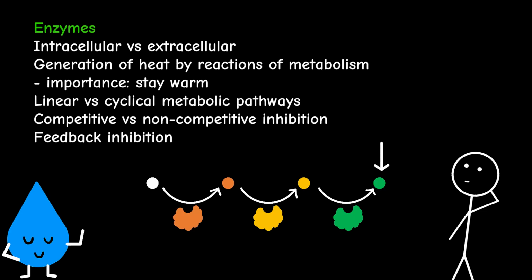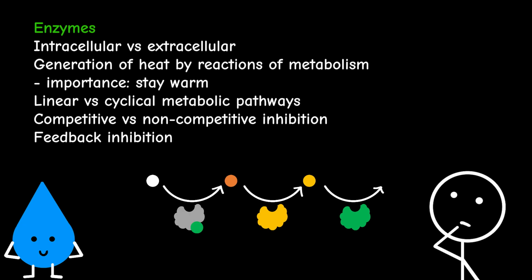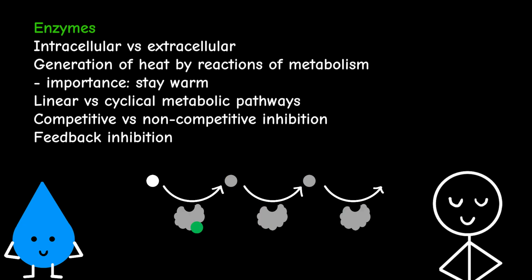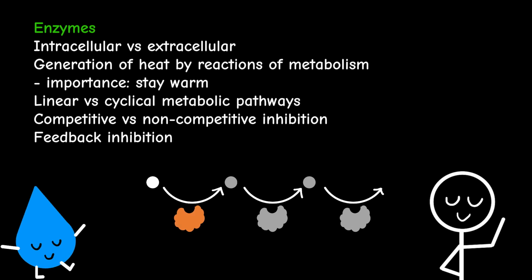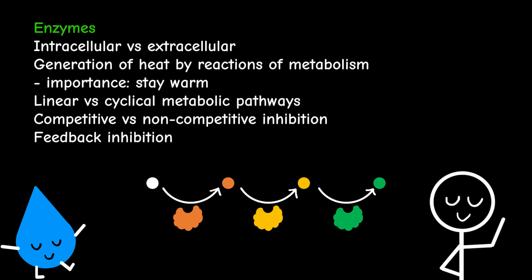If you have too much of the end product, the metabolic pathway will be inhibited, so less of the end product will be made. And when there is not a lot of the end product, the metabolic pathway will continue to produce the end product. Good! This means that the concentration of the end product is held constant.